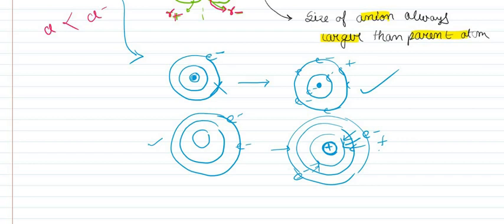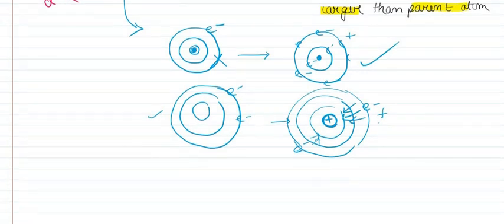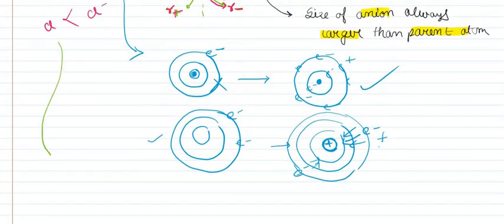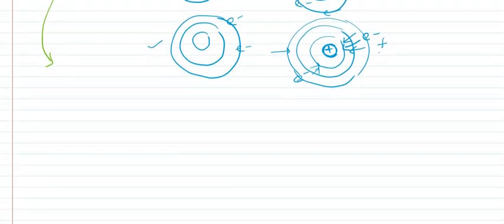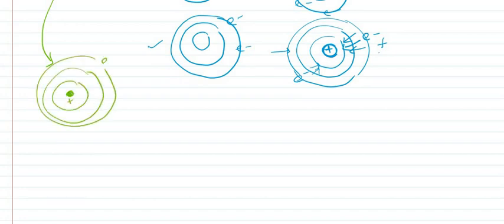Now for chlorine, or any anion for that matter, if we add one electron, the positive charge remains the same. Now this same positive charge has more electrons than it can control, so the pull will decrease.